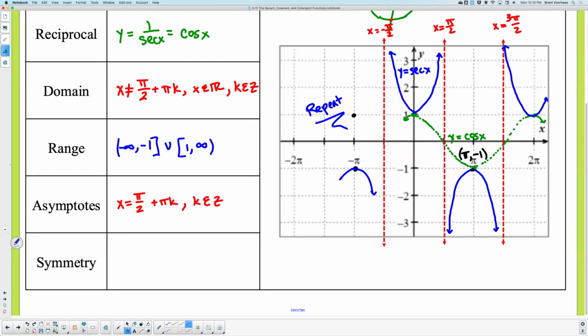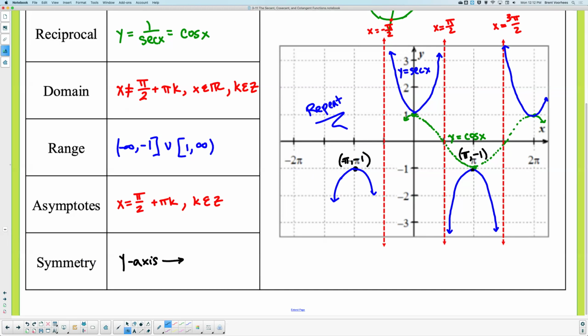Since it would go down this way, I have a question for you. When you plot that point, did my x or my y value stay the same, or did my x or y values change? That means it's symmetric with respect to the y-axis.